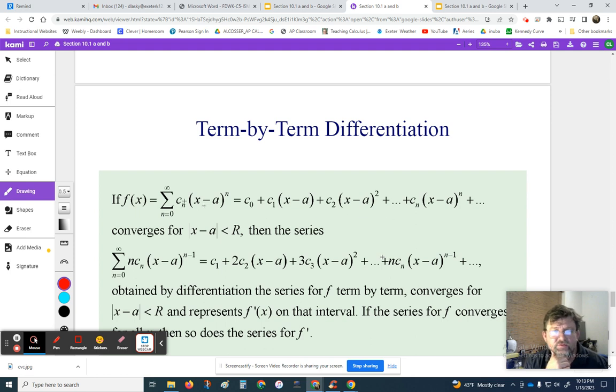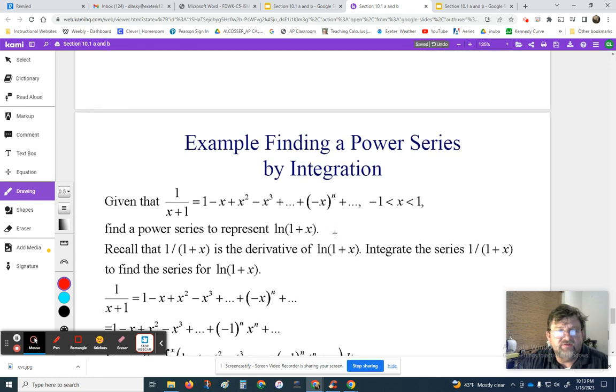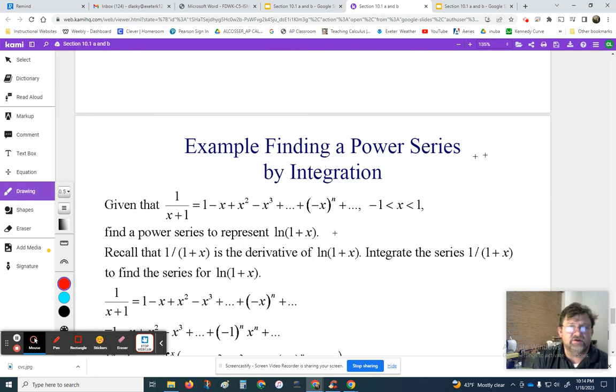I'm not sure where it comes into play just yet for the problems we're working on, but I'll deal with it when we get there. What we're saying is that the interval that it converges on is the same for f and f prime. That's really all I'm getting out of this, so I'm not going to worry about that too much. But I really want to focus on how they're coming up with these things.